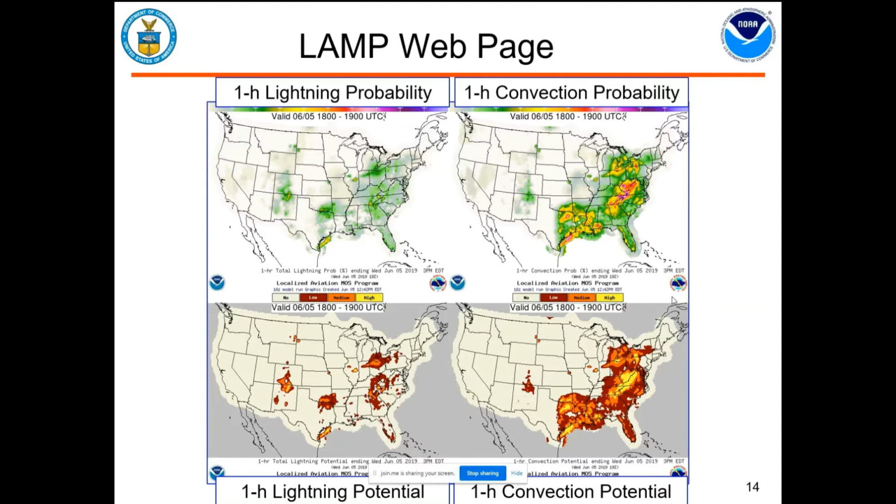The potentials are a way to interpret the probability guidance so that it's an indication of how likely the event is to occur. We've categorized it into low, medium, and high, and each of these categories has known bias. We've gotten feedback that this is a pretty useful product.